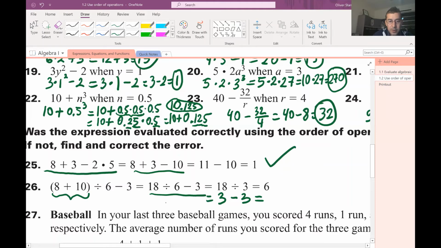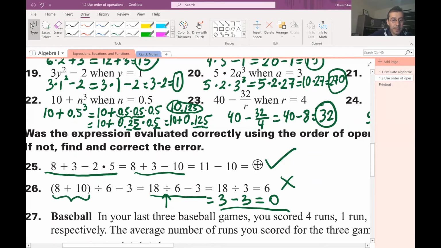Because division is the operation that's going to be done first. So 18 divided by 6 is 3, because 3 times 6 is 18. And then minus 3 here. So 3 minus 3 is 0. Okay, so this is incorrect, and this is how it should be. 27.